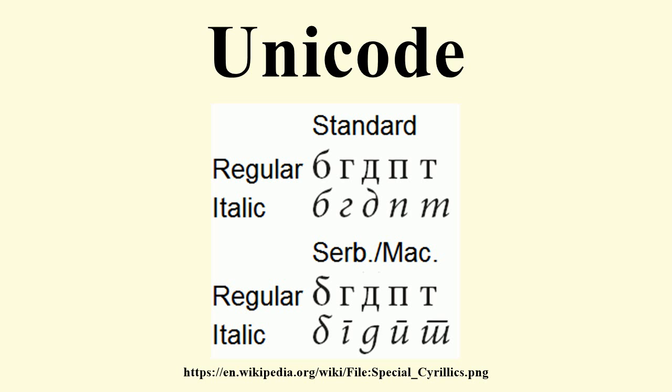The Unicode Consortium was incorporated on January 3, 1991, in California, and in October 1991, the first volume of the Unicode standard was published. The second volume, covering Han ideographs, was published in June 1992.